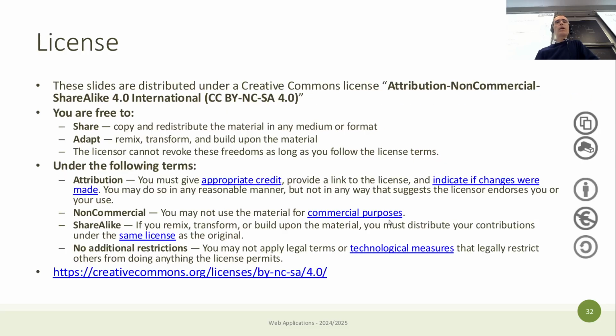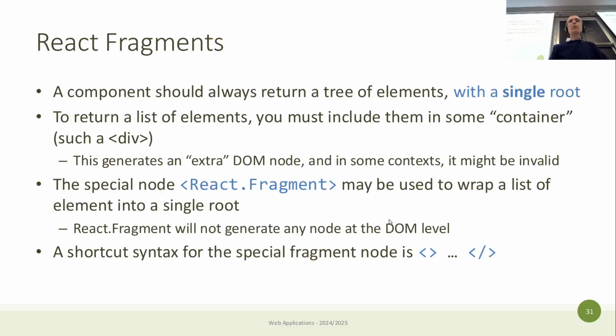Last thing we need to know, and then we play a little bit with the code, is what to do when you don't have a root element to return. I told you that you need to return an element tree in the React component. And if you don't have it, either you create it, like a span or div, so you introduce a new HTML element.